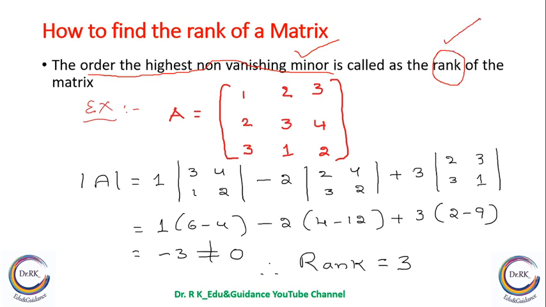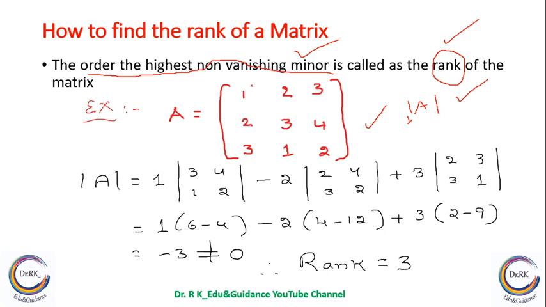Minor means what? It is nothing but a kind of determinant. Now, if we take this matrix of order 3 by 3, what is the highest minor, the highest determinant, we can have? The determinant itself, right? So determinant of A is the highest minor. It is a minor of order 3 by 3.